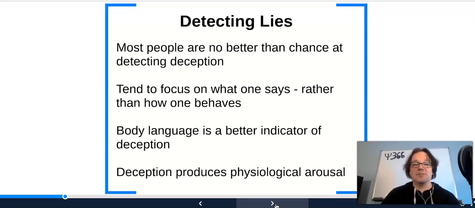We'll see in a minute that it's more helpful to evaluate people's body language while they're lying, but it's also important to get a baseline, because somebody who is rigid to begin with, you might mistake for lying because you don't know them when they're not lying. We'll see later on when we talk about confessions and interrogation.